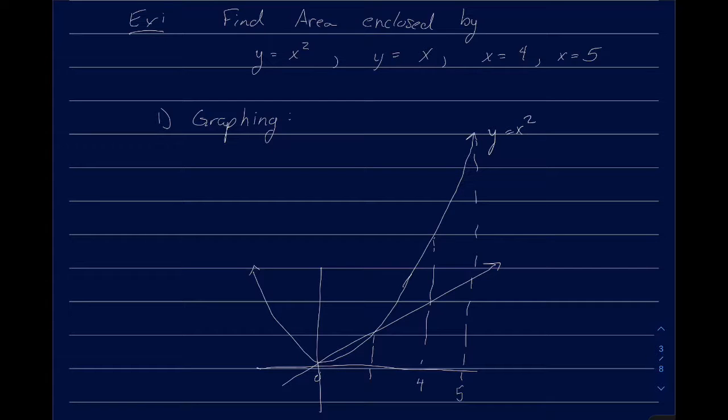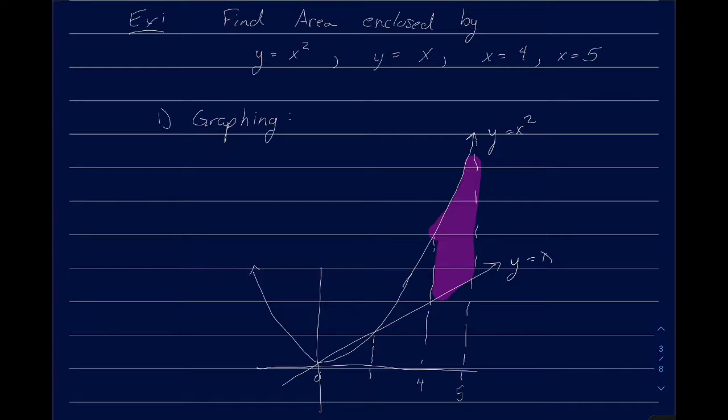So y equals x squared here. Our line here is going to be y equals x. And then we have x equals 4 and x equals 5 as our bounds. So the region that we're looking to integrate and find the area of is going to be this guy.